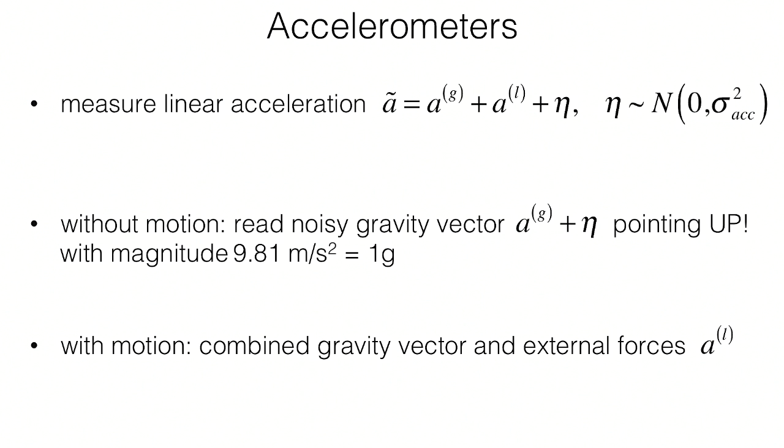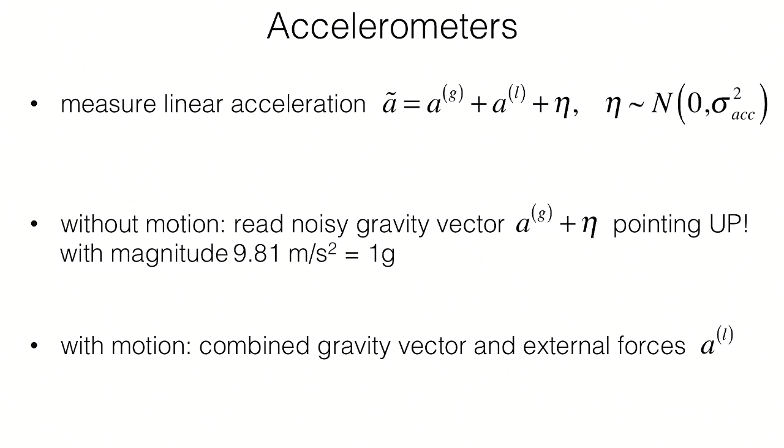All right, so let's look at accelerometers because they're slightly different, and they will be able to compensate for this drift. Accelerometers measure linear acceleration, and acceleration is the second derivative, right? But in this case, it's linear, not angular. So the measured linear acceleration A tilde is going to be the sum of the gravity, because we hold up the IMU with either our head or our hand or something else, so there's already a force acting on it.